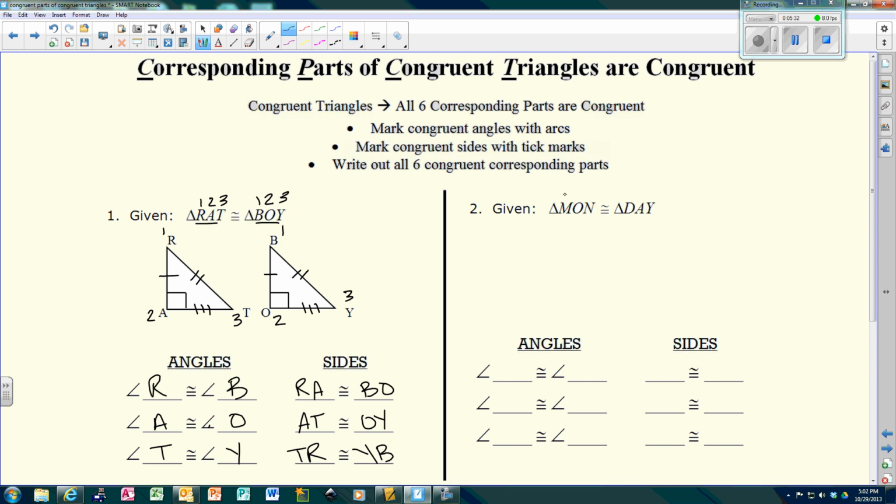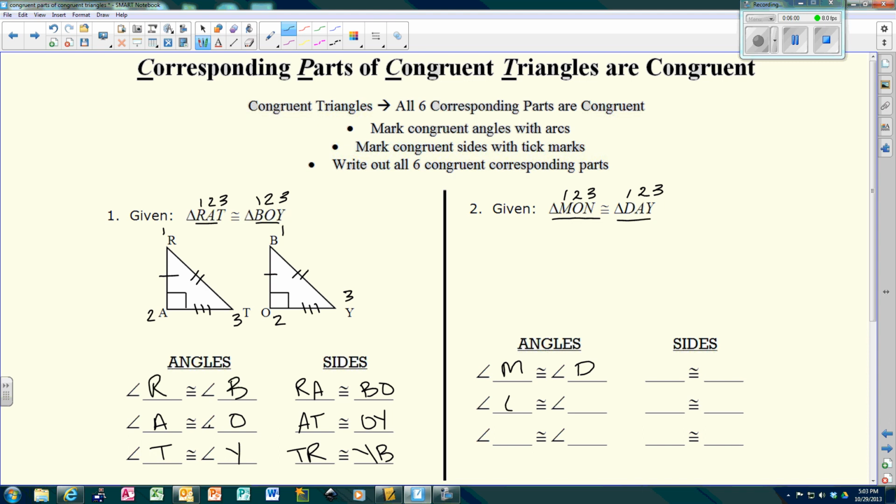Well, that's where it's real handy to have the 1, 2, 3, 1, 2, 3. So now I know that the 1's go together, the 2's go together, and the 3's go together. The 1, 2's, the 1, 2's, and so on. So if I talk about angle M, then that means since M is a 1, then D is a 1. The order that these are written, this is your congruence statement, is extremely, extremely important.